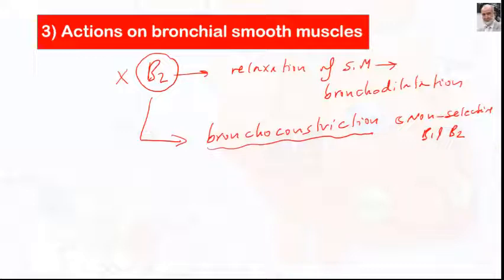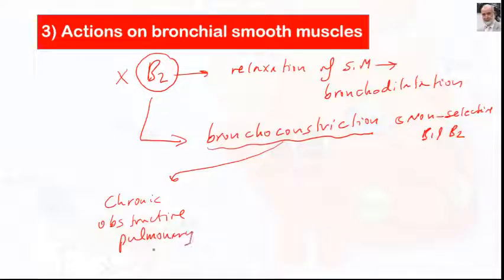This bronchoconstriction in a normal person is not clinically important, but it becomes clinically important in certain cases of chronic obstructive pulmonary diseases, like pulmonary emphysema, etc. This is known as COPD.